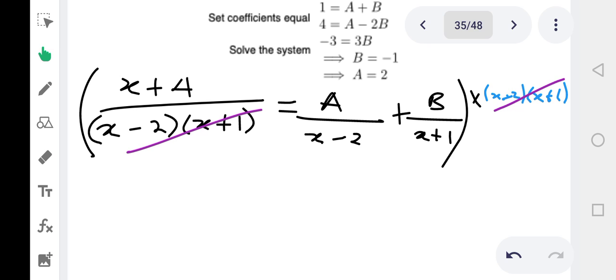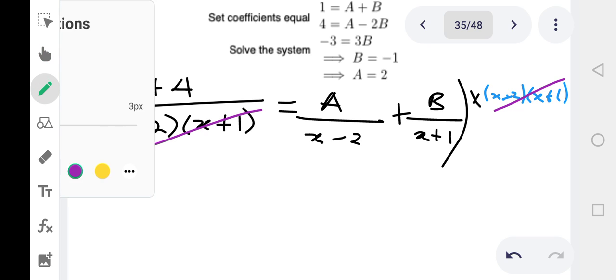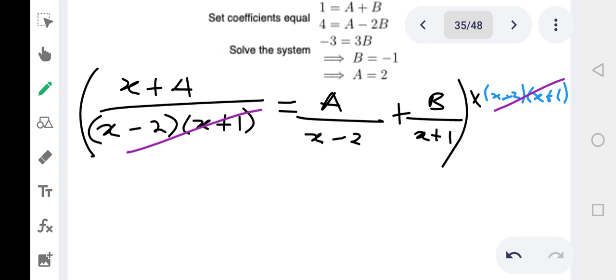Alright, so here you remain. So when you multiply this times this here on the left side of the equal sign, only this part, you're going to remain with x plus 4, because this and this will cancel. Alright, but what if you multiply this thing with this part, a over x minus 2 only? What are you going to get?